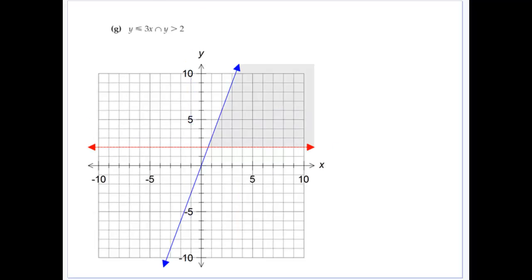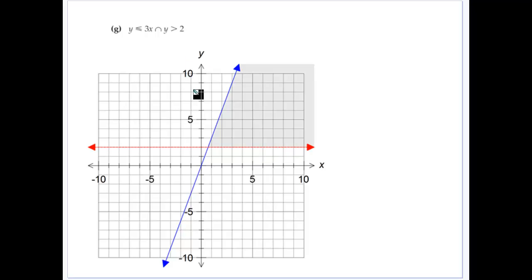So we've got a couple more to check. Y is greater than or equal to 3x, so we graph our line. We've got our line there. We test a point, put the point in, and see that it needs to be shaded on the right of the line. And y is greater than 2, so a dotted line going through y is equal to 2, and it's above it.